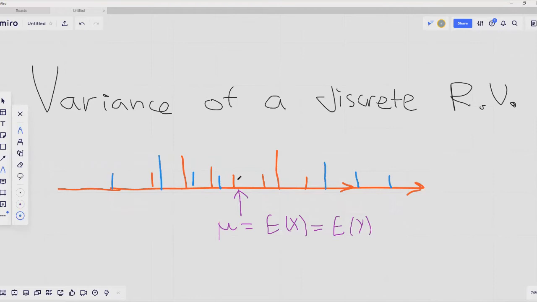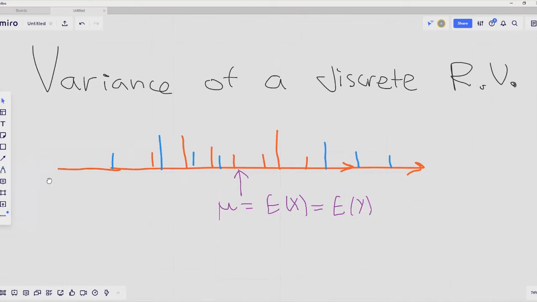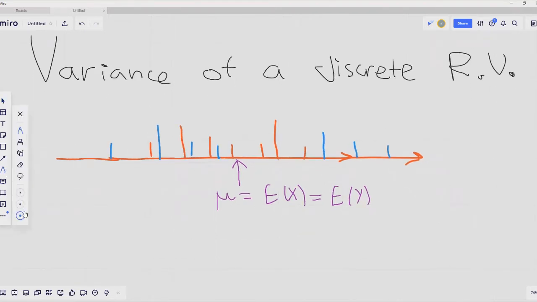Now, if we take a closer look at our plot here, we can see that the PMF of the blue random variable is more spread than that of the red one. We measure variance in a similar fashion to how we did for variance over a sample.